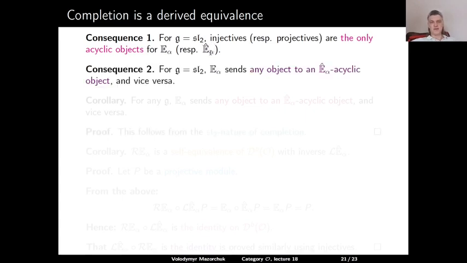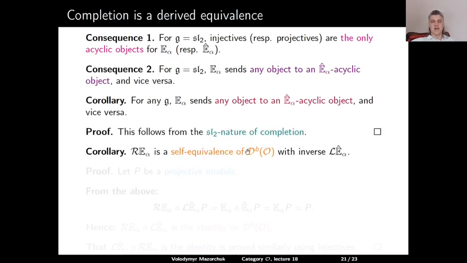Another thing which we can observe is that E alpha sends any object to an E alpha hat acyclic object, and vice versa, again in the case of SL2. From this and the SL2 nature of Enright's completion, it follows that for any G, E alpha sends any object to an E alpha hat acyclic object, and vice versa.